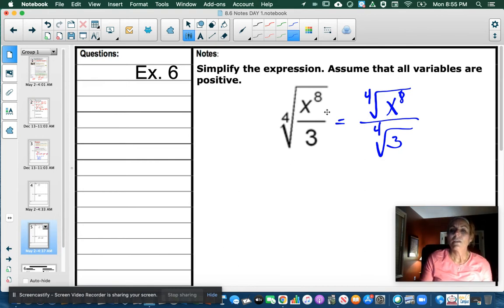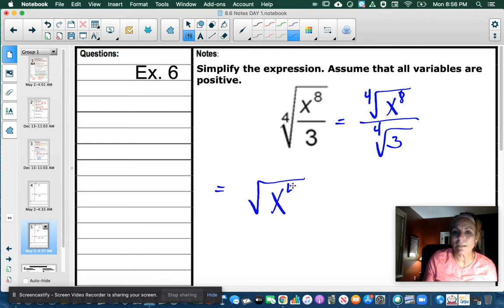All right. Well, I'm looking at the top, and I can break that numerator up. I'm looking again at my index. It's a 4, so I know my first one has to be x to the fourth root because I want them to cancel. So, oh, I have another one because x to the fourth times x to the fourth is x to the 8th.